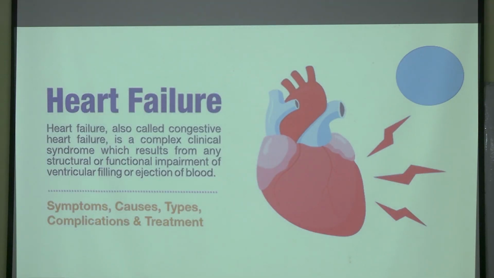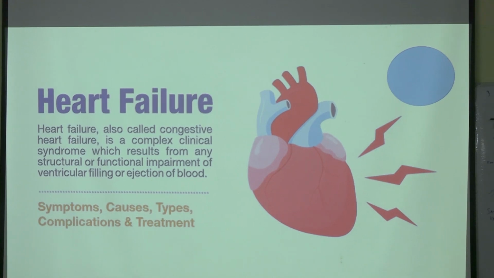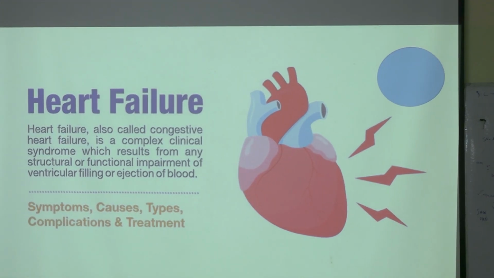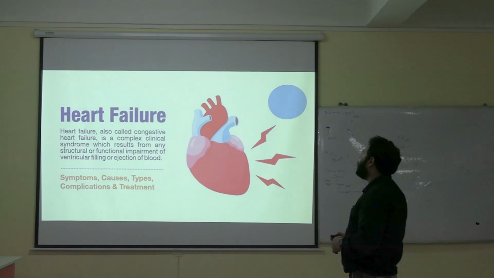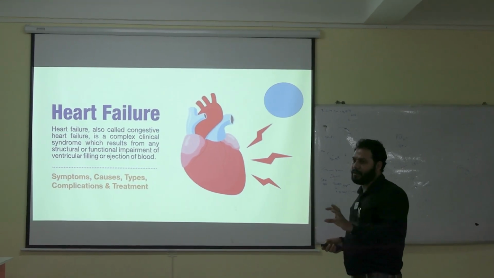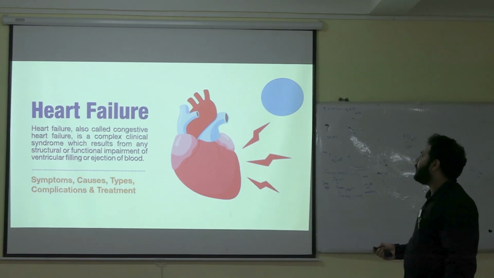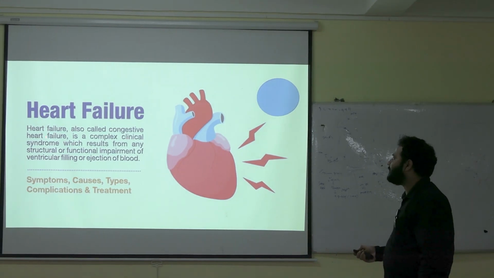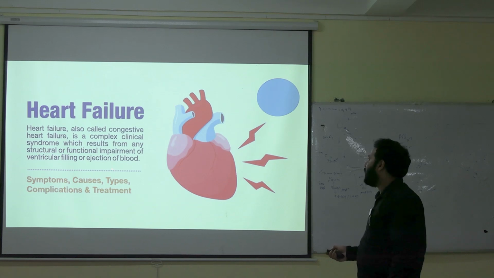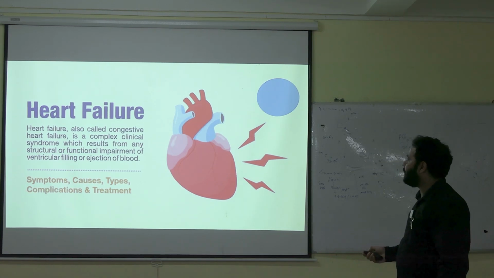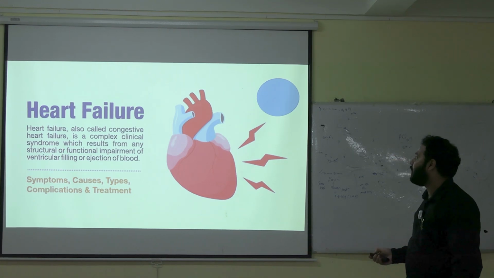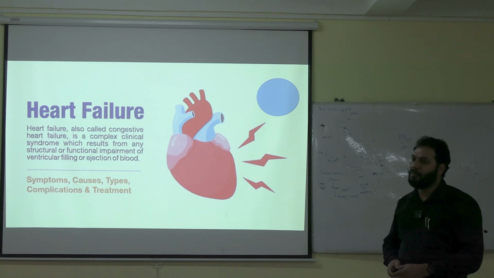Now, in the second case, I am going to discuss heart failure. Before discussing the second case, let me give a brief definition of heart failure. It is also known as congestive heart failure, which is a complex clinical syndrome that results from any structural and functional impairment of ventricular filling or ejection of blood.